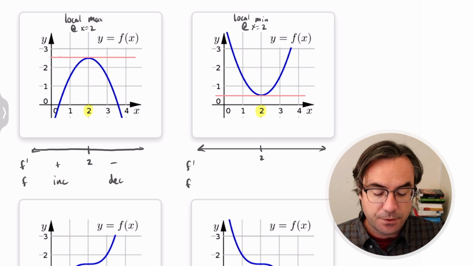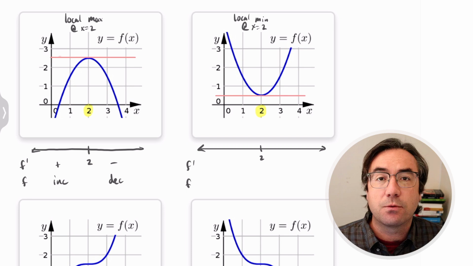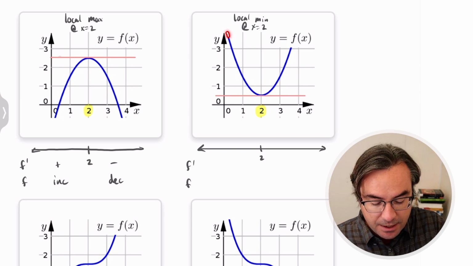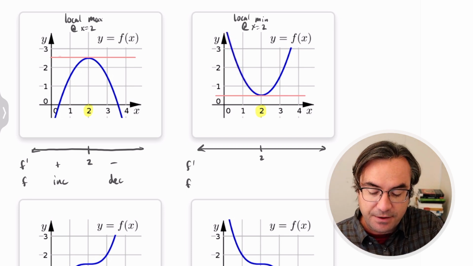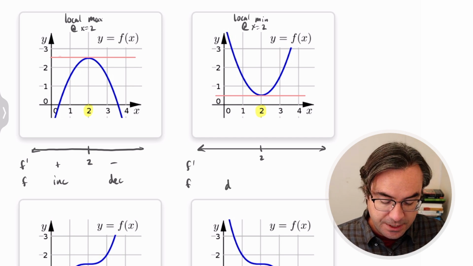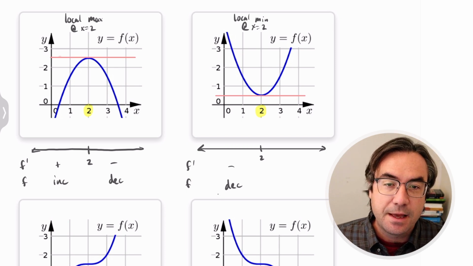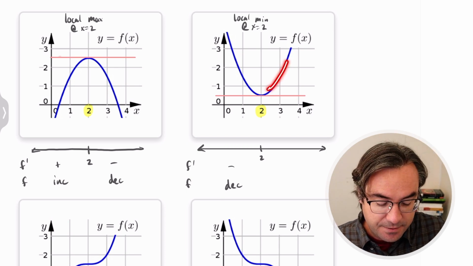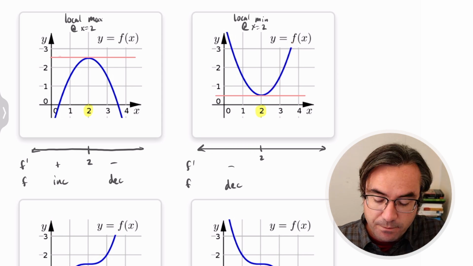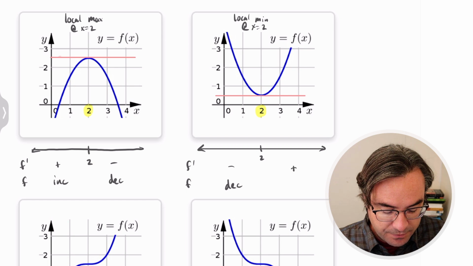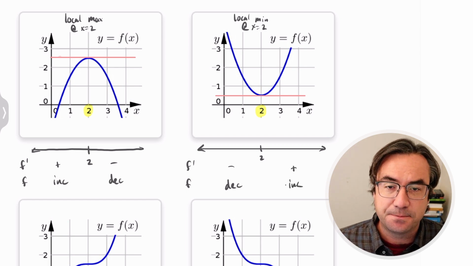And what's going on in this case? Well, if we were to be doing our sign chart, what we would have found is that our function's decreasing on the left-hand side. So decreasing, and all the derivative values there are negative. And then over on the right-hand side of our critical number, the function's moving back up. So all of our derivative values would have been positive.